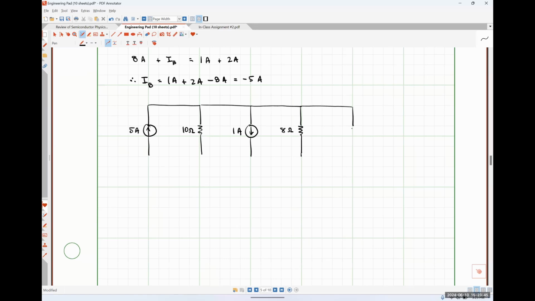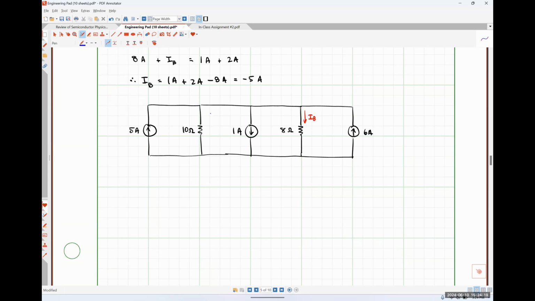And let's put a 6 amp source up here. And I want us to find, so let's say I want the current flowing through the 8 ohm resistor.